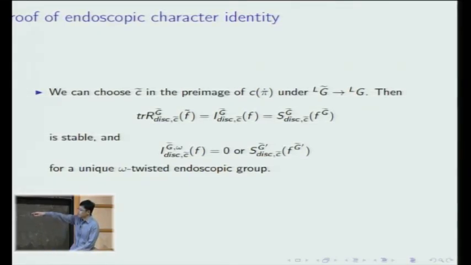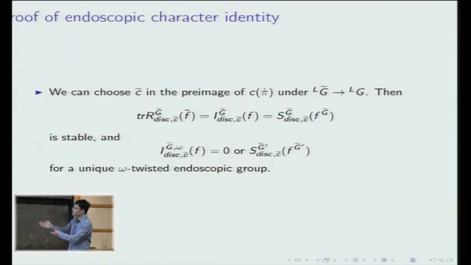Remember that this stable distribution S can be decomposed into global packets, and suppose phi tilde determines a single packet. Then the first equality just shows that the local packet should be stable, and the second formula tells exactly the endoscopic character identity.